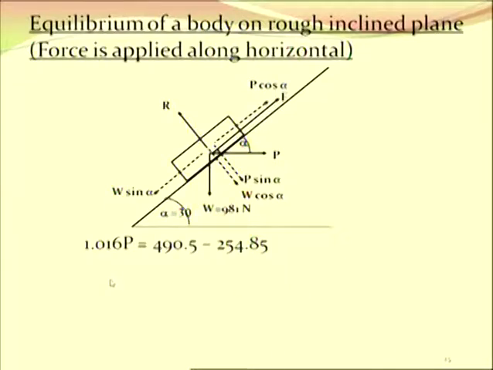By simplifying, putting P values on one side and other values on the other side, 1.016P equals 490.5 minus 254.85.